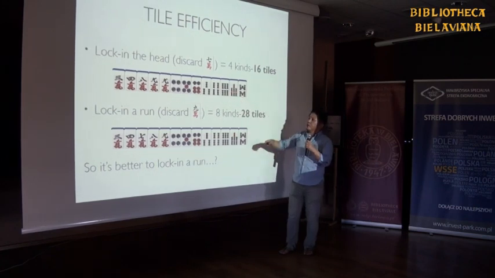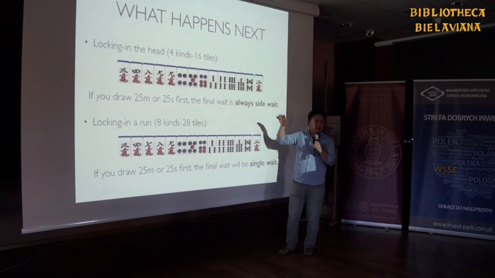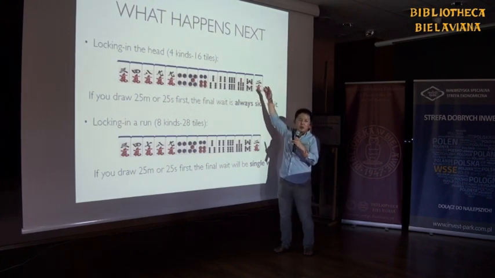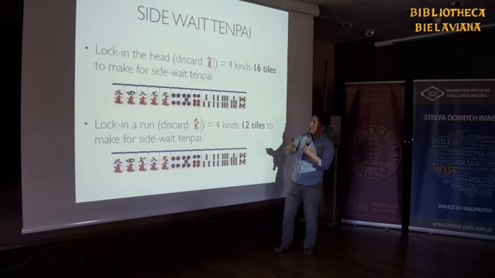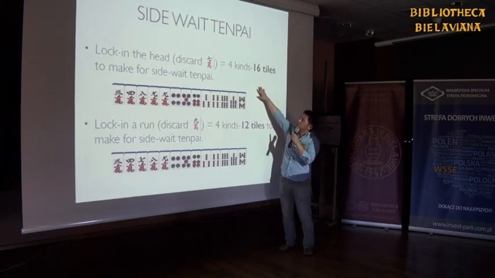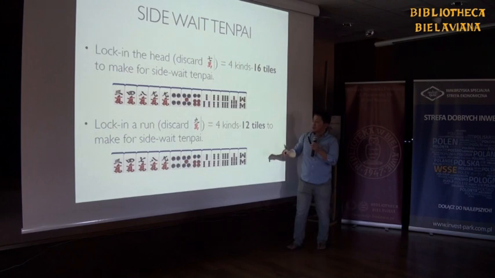So if you compare the two by focusing only on draws that will make for ryanmen tenpai, the comparison will be flipped. If you lock in the head first, again, this is 4 kinds, 16 tiles.